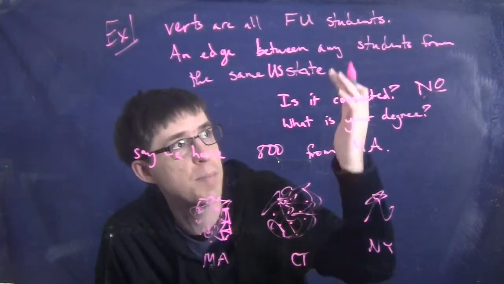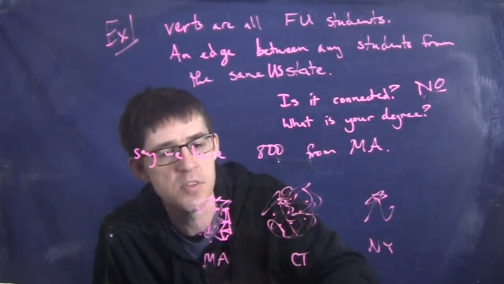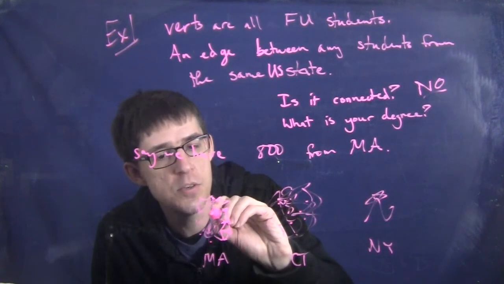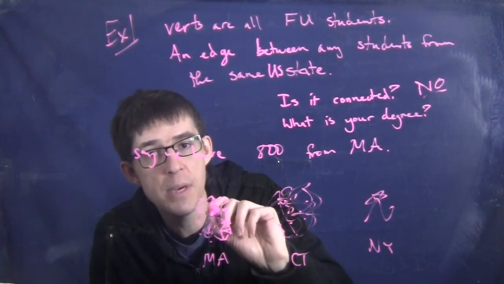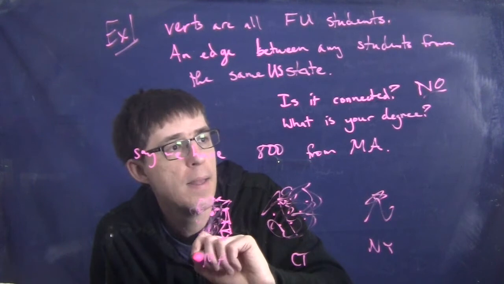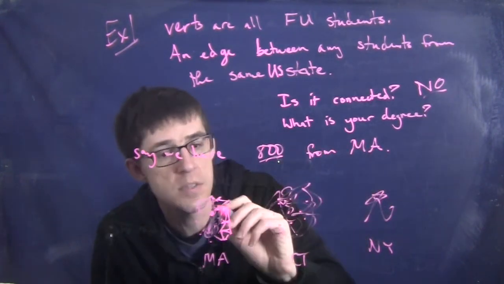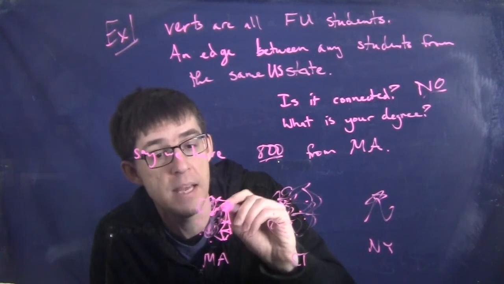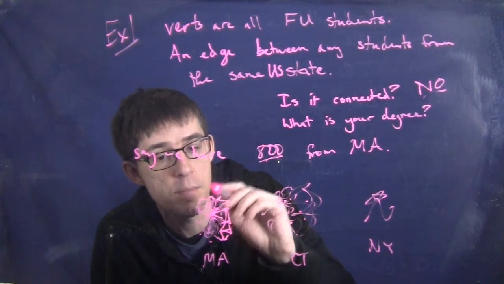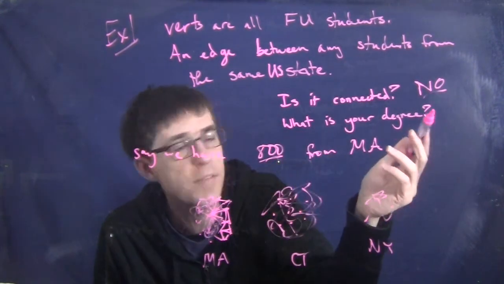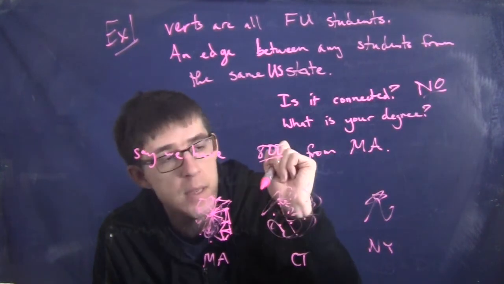I come from Massachusetts. I'm not a student, but let's imagine that I'm in this graph somewhere. My degree would be how many edges there are going into my dot. If we have 800 from Massachusetts, then my degree would be 800. There would be an edge from me to all 800 of these other people.